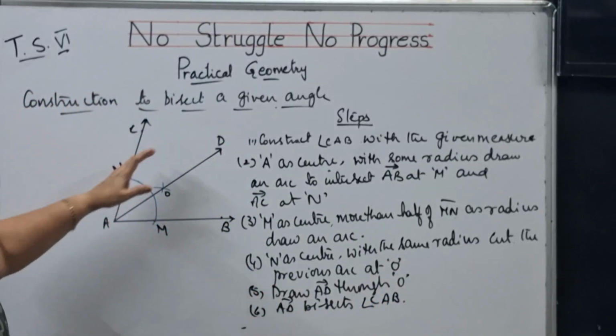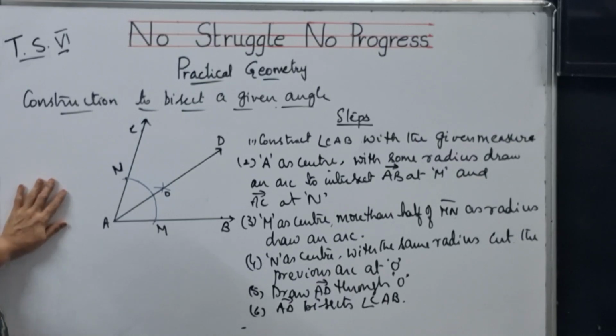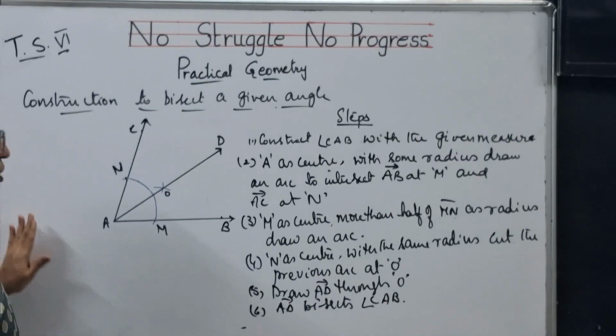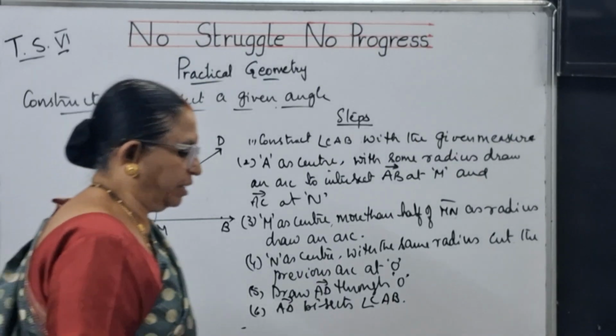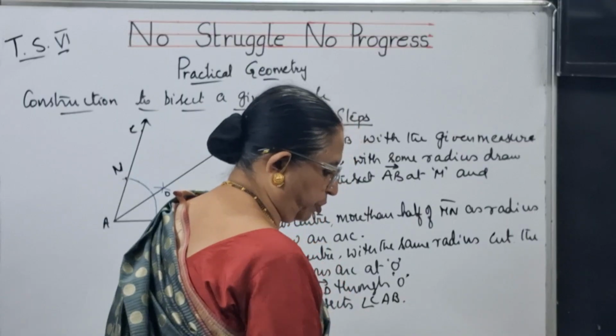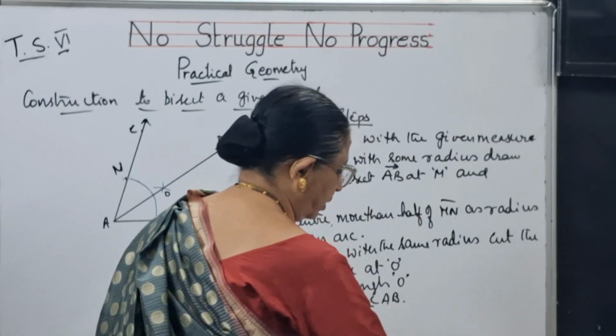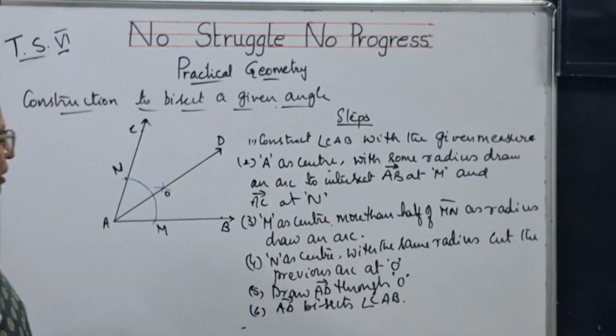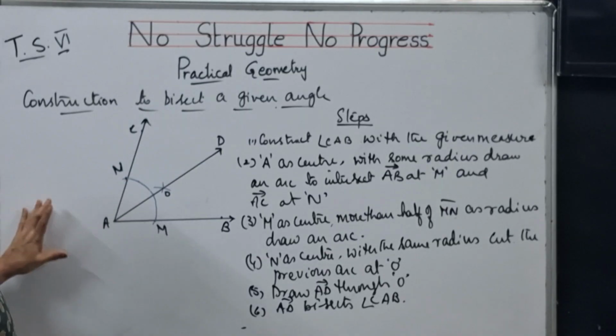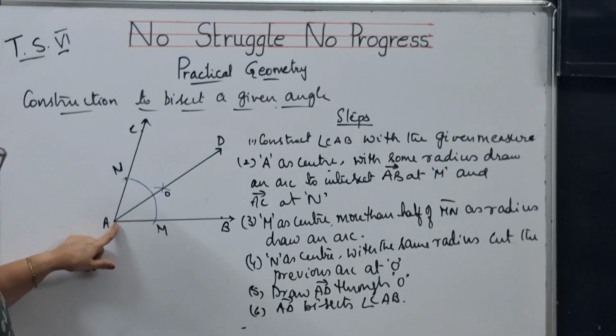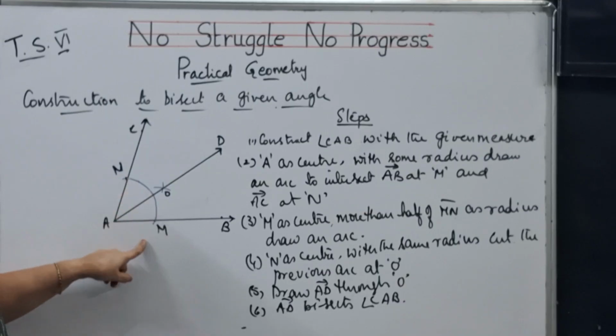These are all the steps of construction for these children, how to construct the bisector. It is very, very important because in your higher classes, you will get constructions where you need to bisect the given angle. So, be careful, children. With this vertex as a center, draw a big arc.